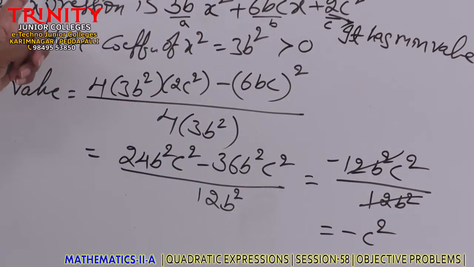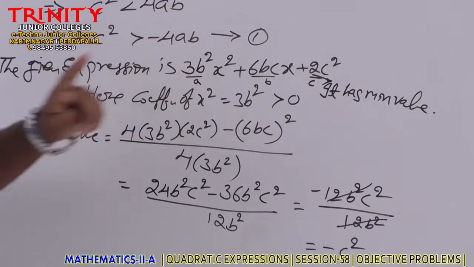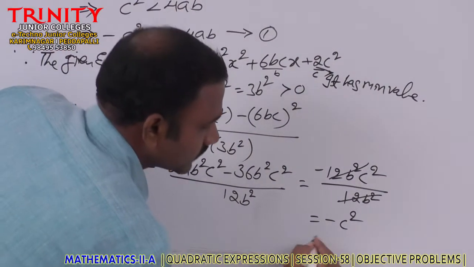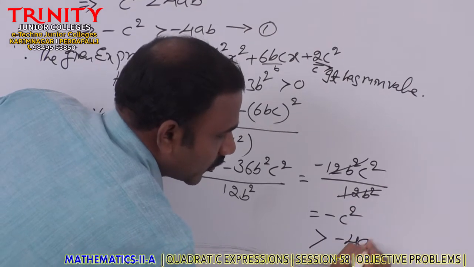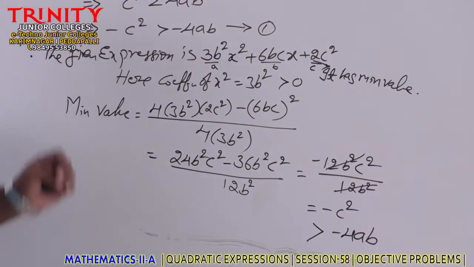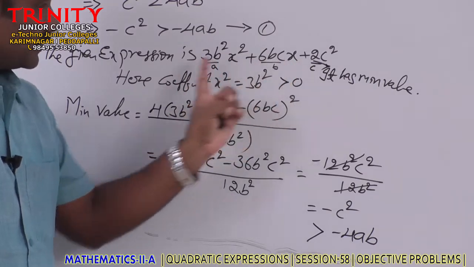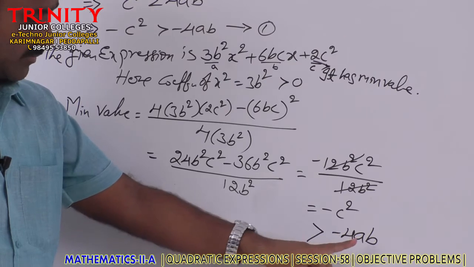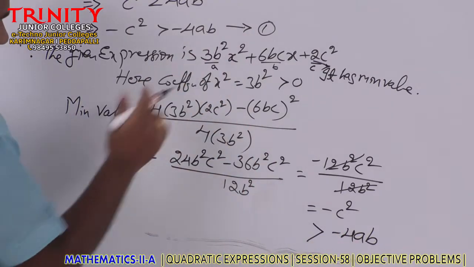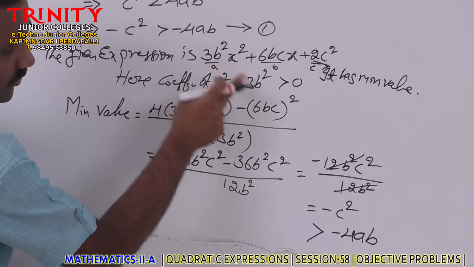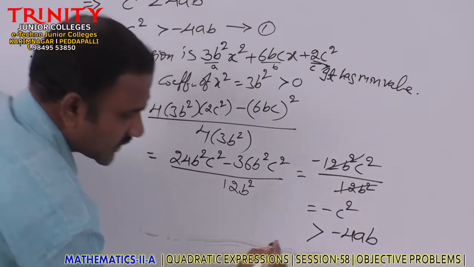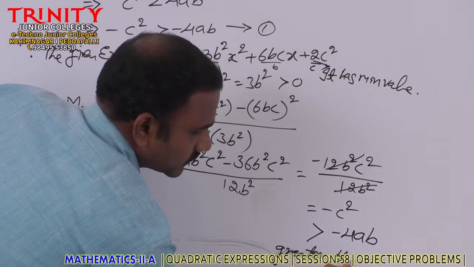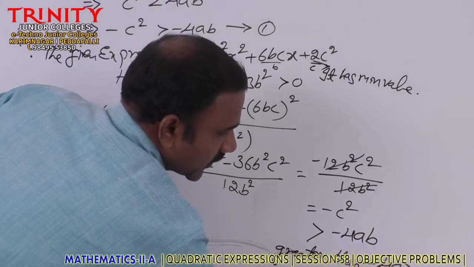What we got here, minus c square is greater than minus 4ab. Therefore, the value of the expression, which has a minimum value, is greater than minus 4ab.